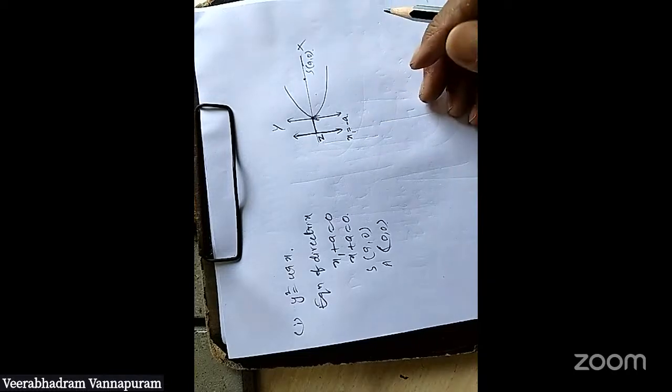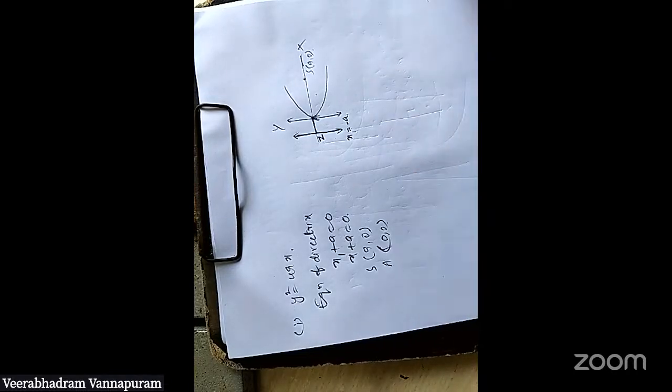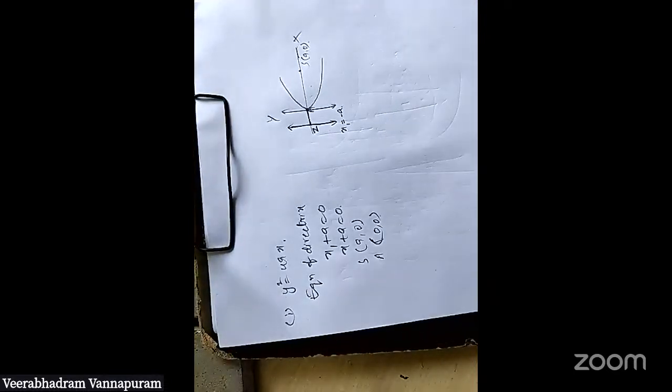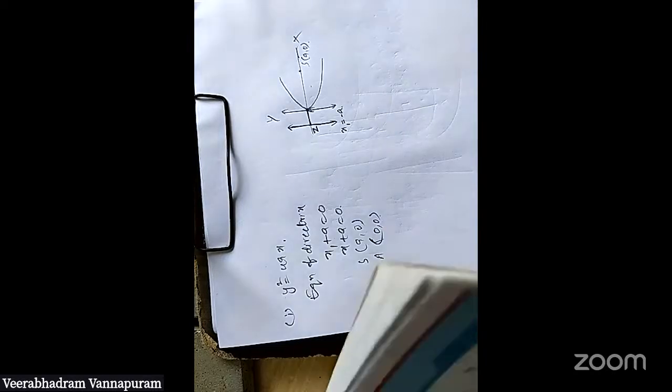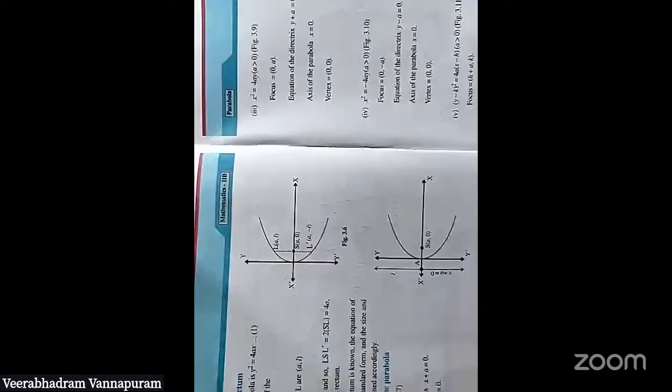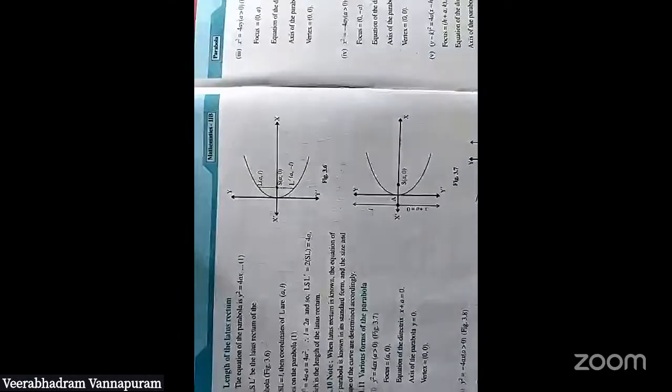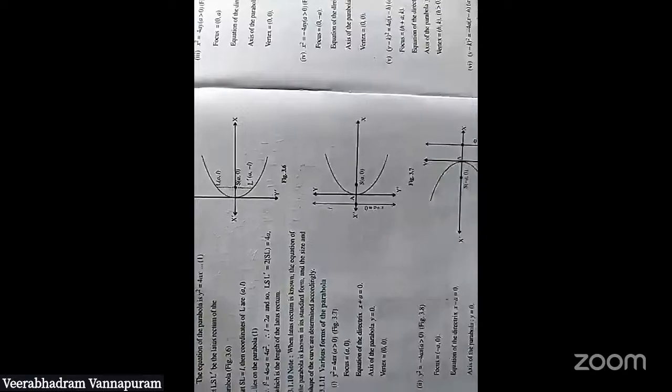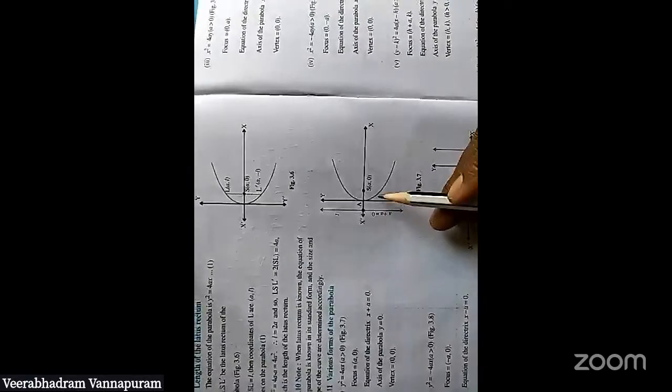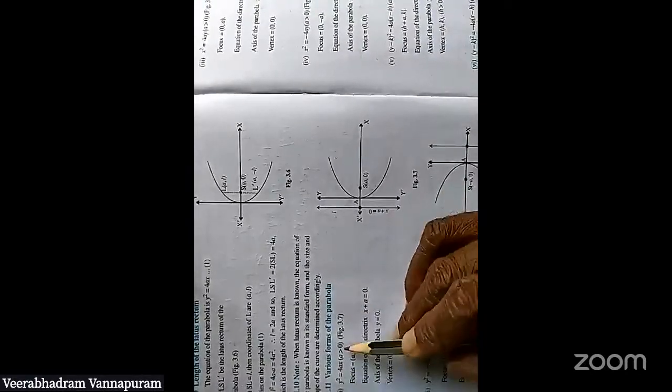Similarly, we have different types of parabolas. Here in the textbook, this is the first case, y square equal to 4ax.